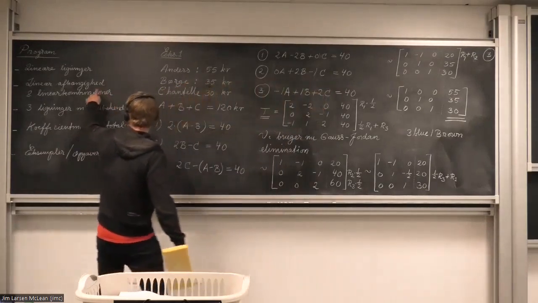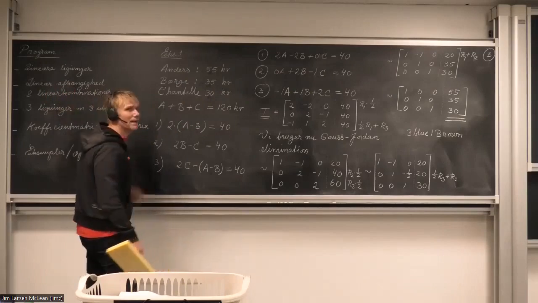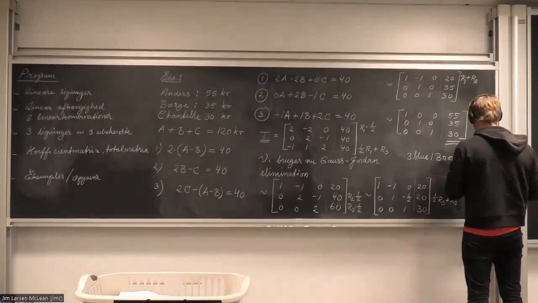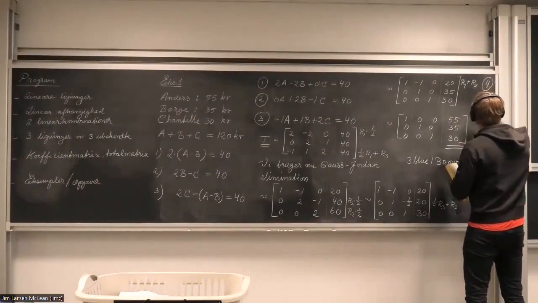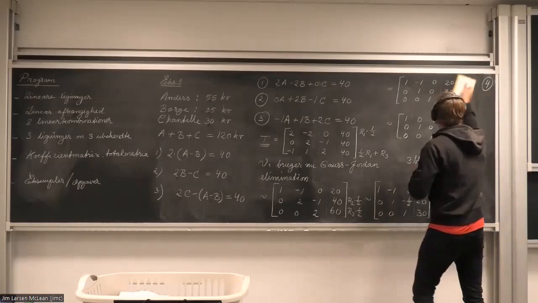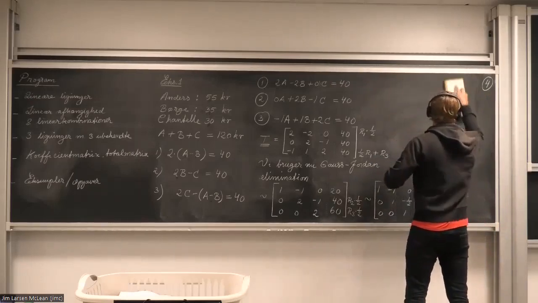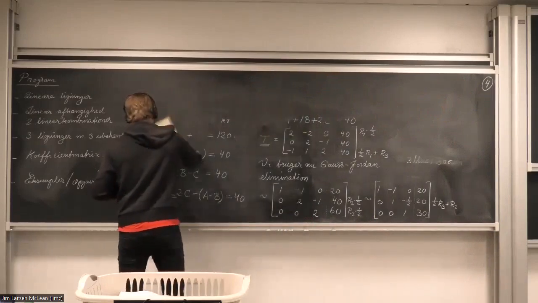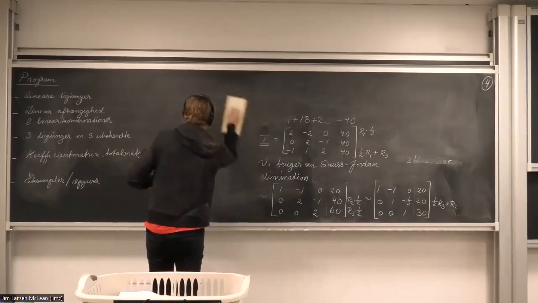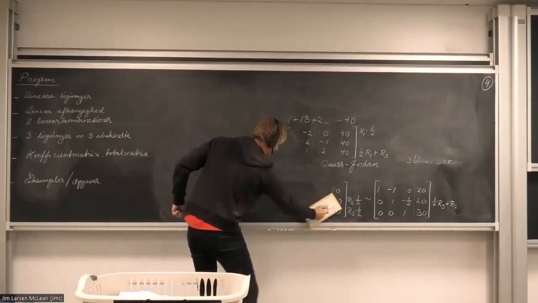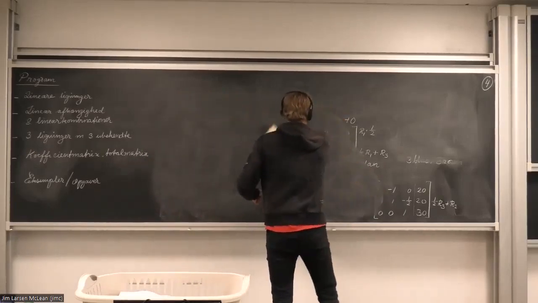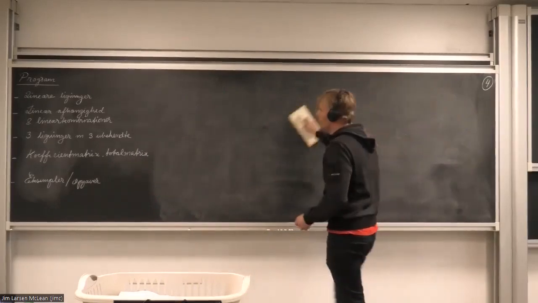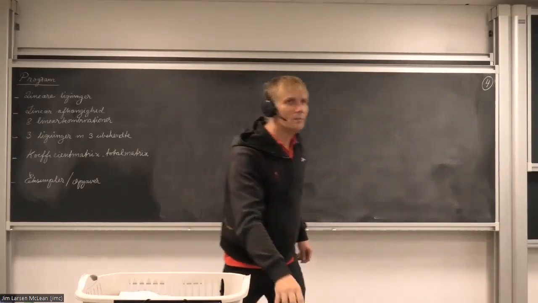Let's now take a closer look at the concept of linear dependence and linear combinations. So here it is on board 4. Okay.